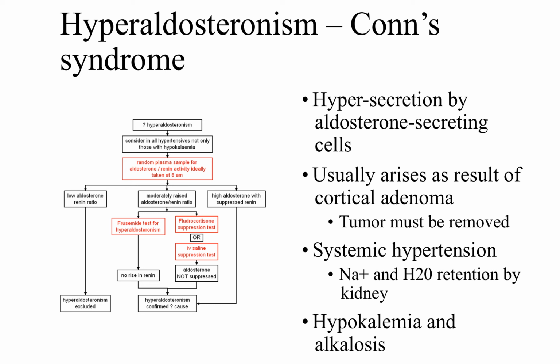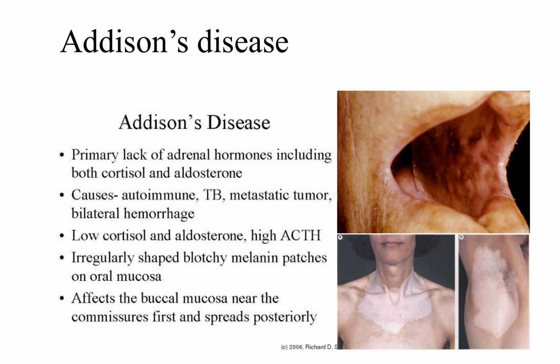If you have too much, it's called Conn syndrome. So that is caused generally by an adenoma of aldosterone secreting cells. And if we think about sodium retention and raising blood pressure, if you have a cell proliferating that does that, you'll have very high levels of hypertension, hypokalemia, alkalosis.